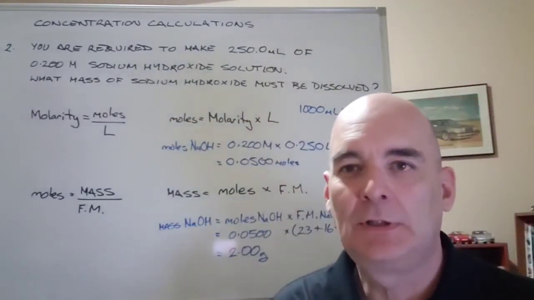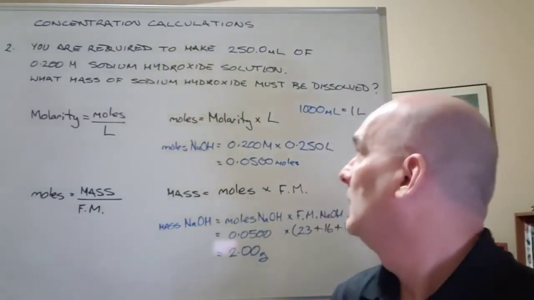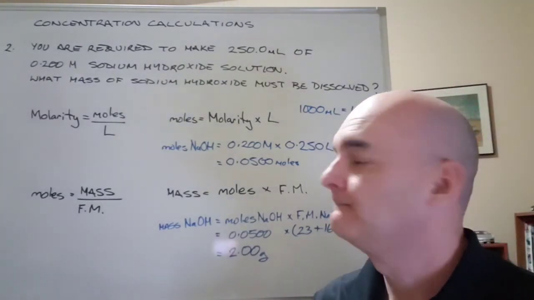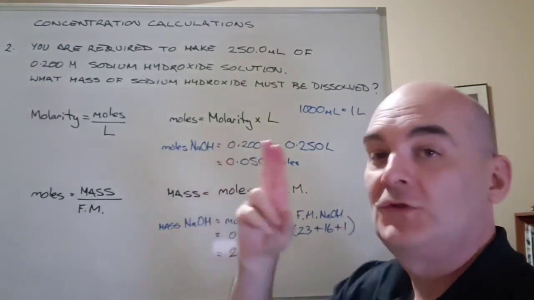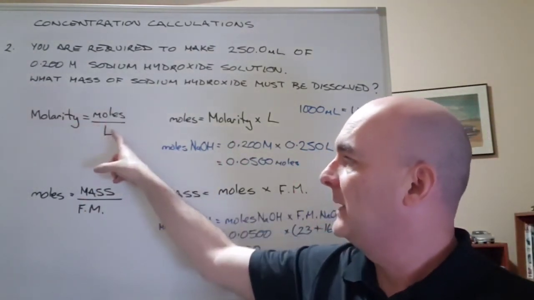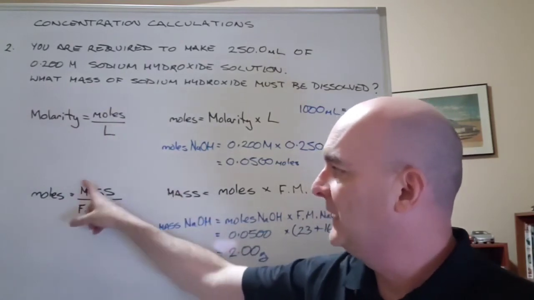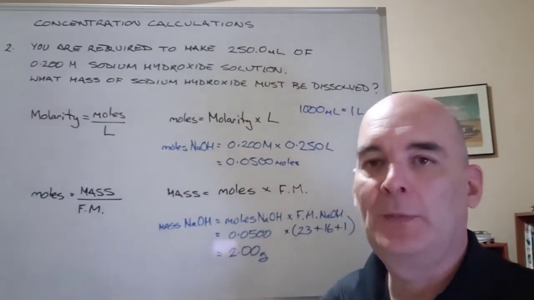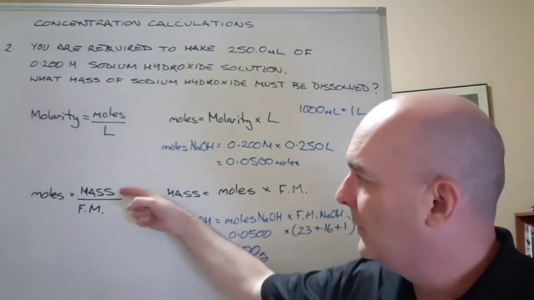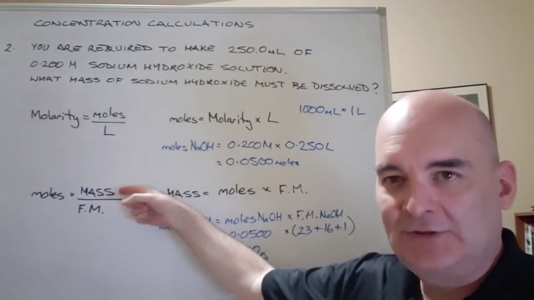What mass of sodium hydroxide should you dissolve? So we know 2 equations. They are molarity equals moles per litre, and we know that moles equals mass divided by formula mass. This question is asking us to get to that, the mass.